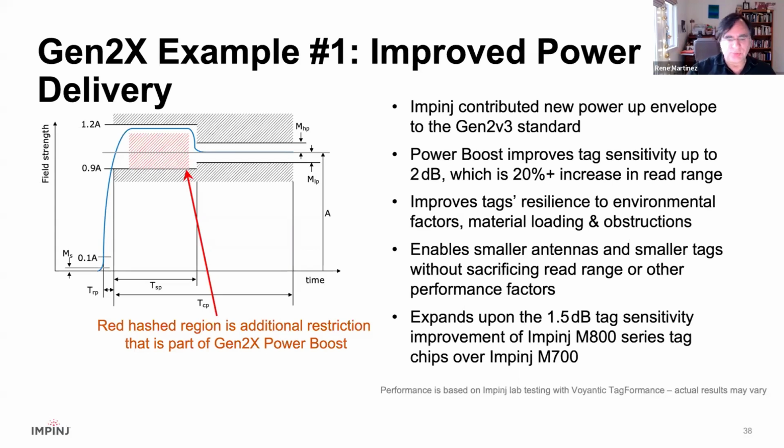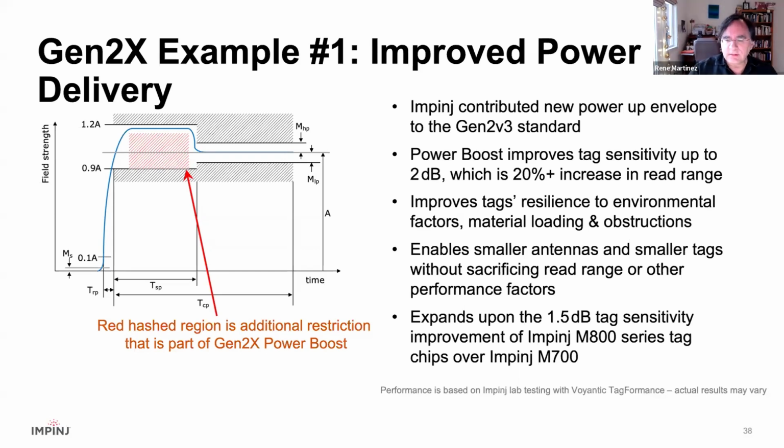You could exchange range for other factors. For example, it improves the resilience of the tag to environmental factors such as material loading, i.e. putting the tag on different dielectrics, and enables smaller antennas, which thus enables smaller tags.